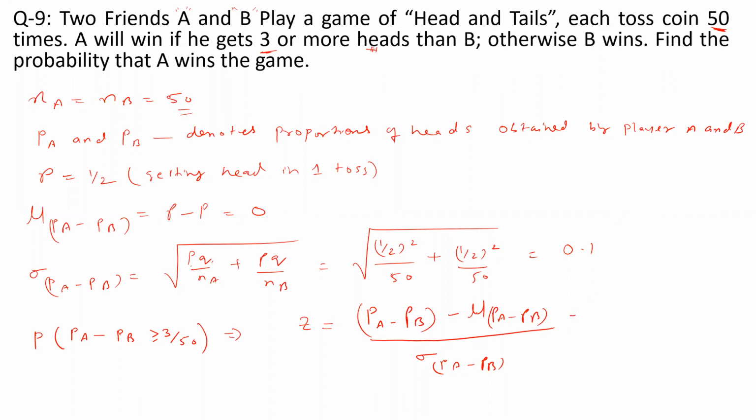So if your P_A minus P_B is equal to 3 by 50, or in decimal, this is 0.06, then what is the Z value you will get here? This will be 0.06 minus 0, this value is anyway 0, divided by 0.1. So dividing by 0.1, I'm getting 0.6. So you will get Z value as 0.6.